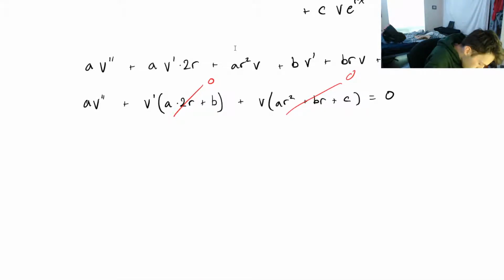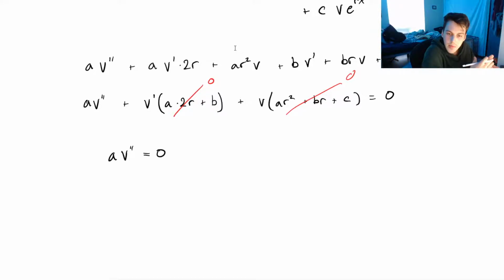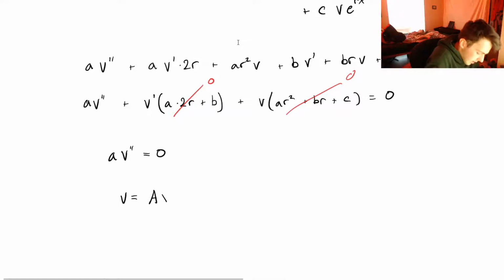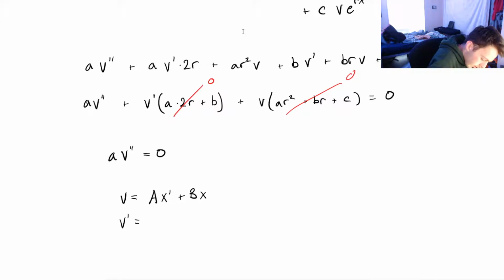So let's solve a v double prime equals 0, right? And we can so easily do this, guys. It's literally a second derivative equal to 0.